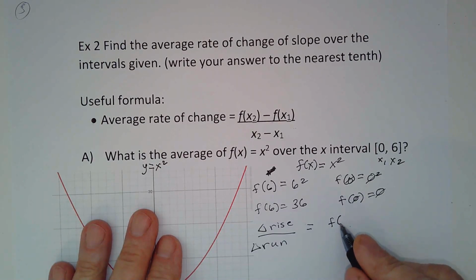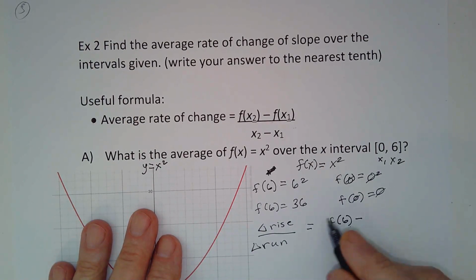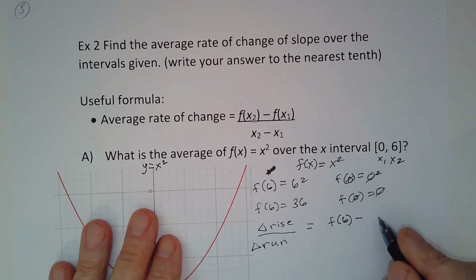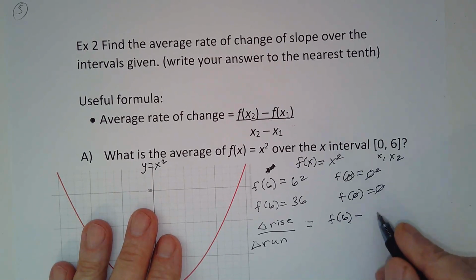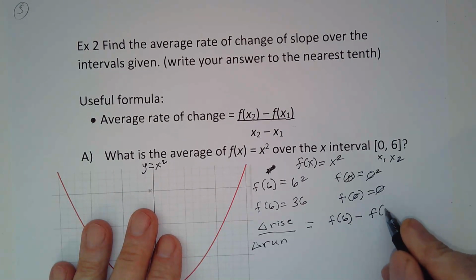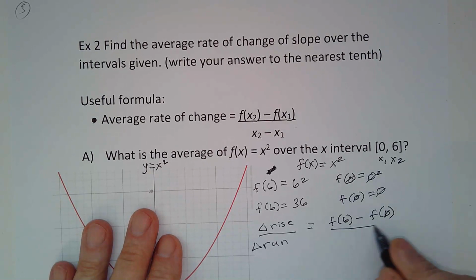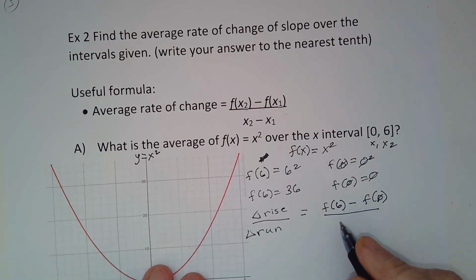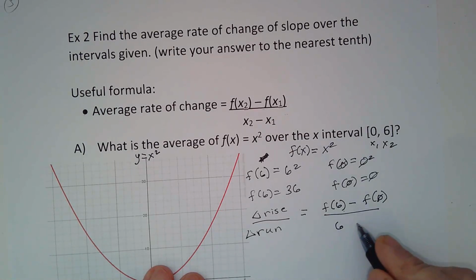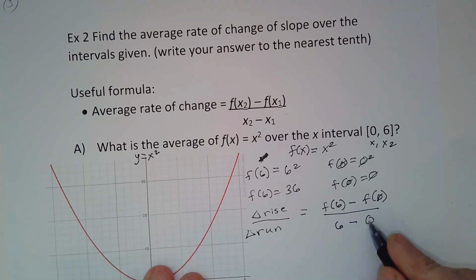That's the y, the output. That output minus the other output of f of 0. Those are the two y's that we're going to get the change in. Over the inputs, x2 is 6 minus x1 is 0.